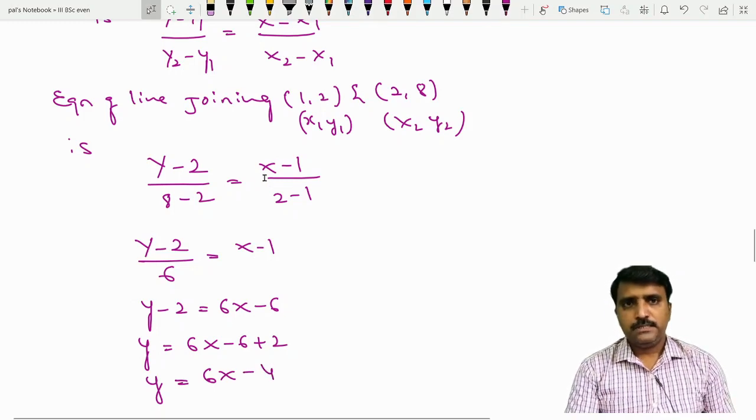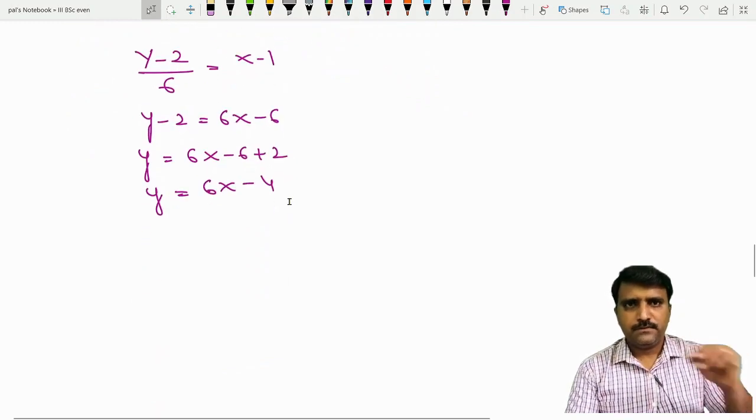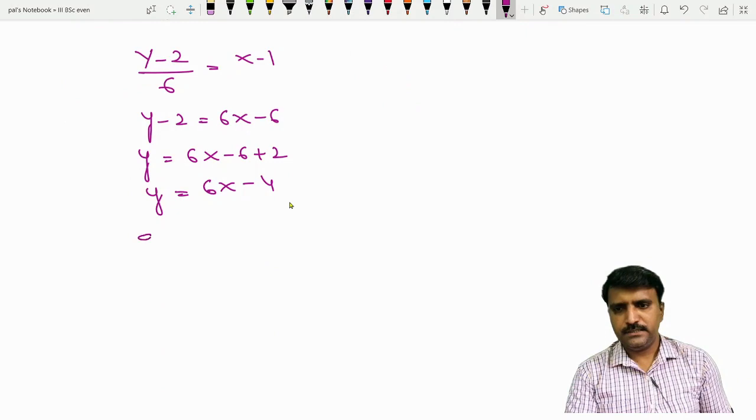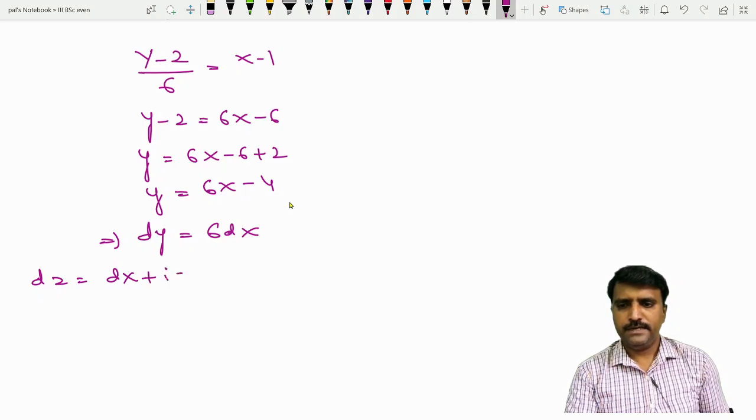Y is equal to 6x minus 4 is the equation of the line. Now its differentiation implies dy is equal to 6 into dx. Now what is dz? Dz is equal to dx plus I dy.